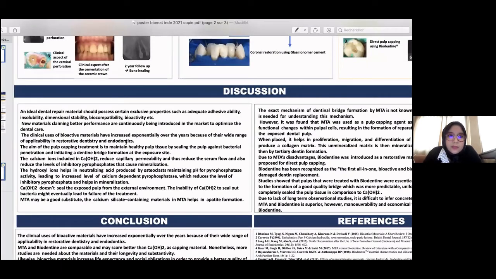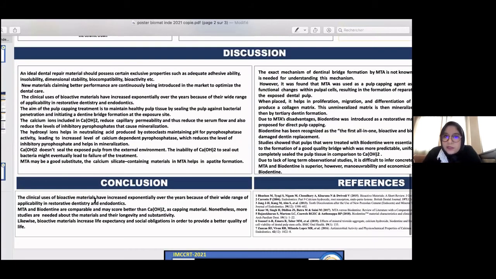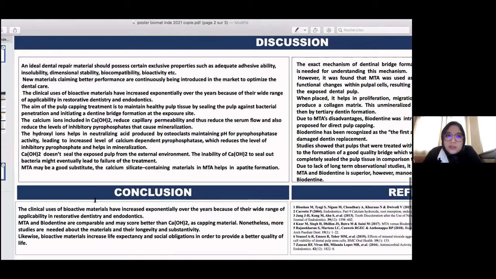An ideal dental repair material should possess certain exclusive properties, such as adequate adhesive ability and solubility, dimensional stability, biocompatibility, bioactivity, etc., like we showed previously. New materials claiming better performance are continuously being introduced in the market to optimize dental care.